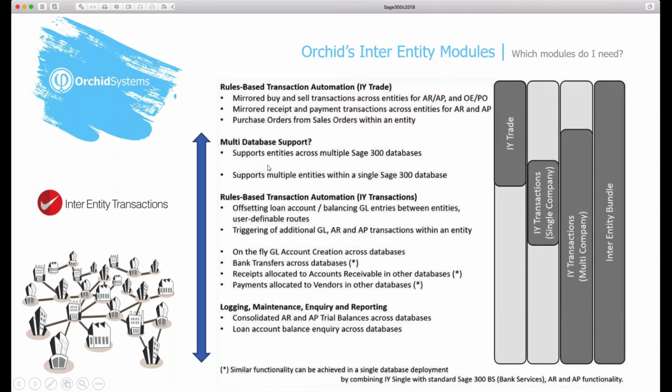And the reason it can do it is that everything is balanced at a segment level within the general ledger, so either one or more segments. And as a result, you can have multiple sets of books running within one Sage 300 company, all of which are kept in balance at all times.